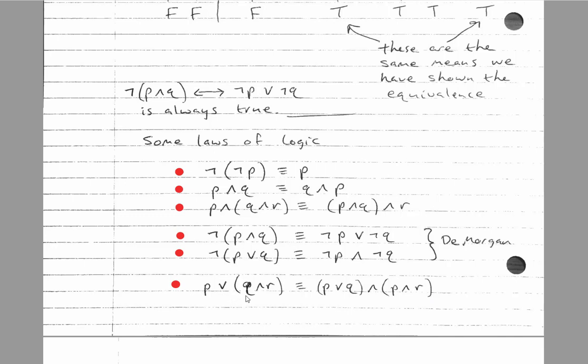And yeah, so this is different from associativity. So here we have an OR and an AND, so we're combining two different operations here. So just like multiplication and addition. Okay, so we have these laws of logic.